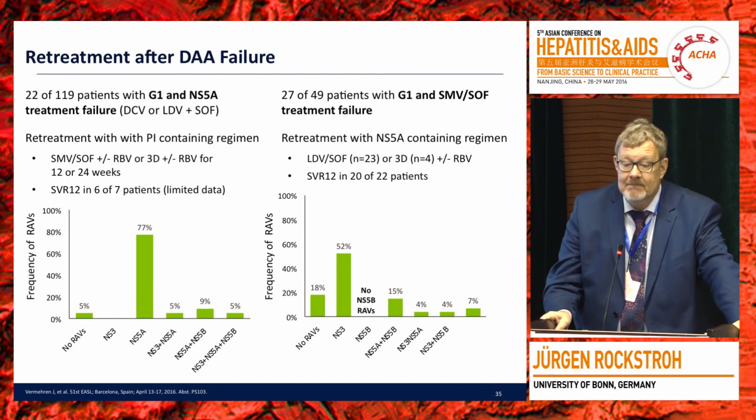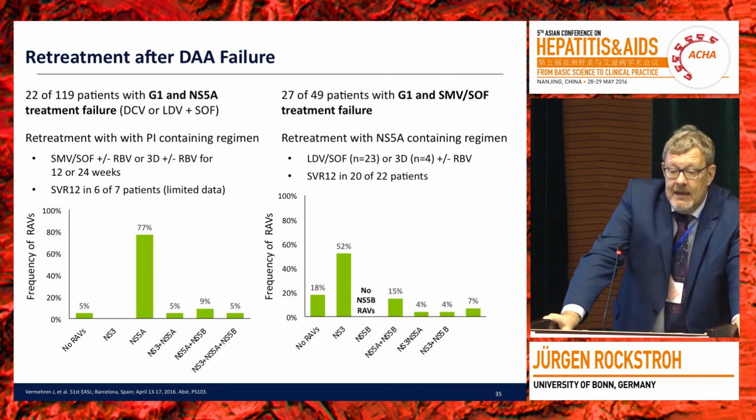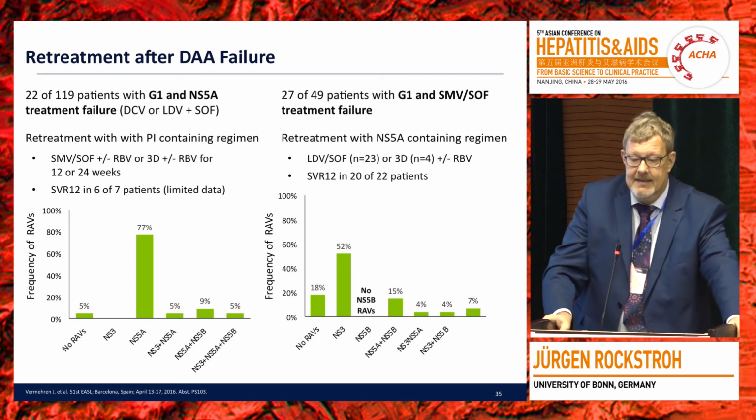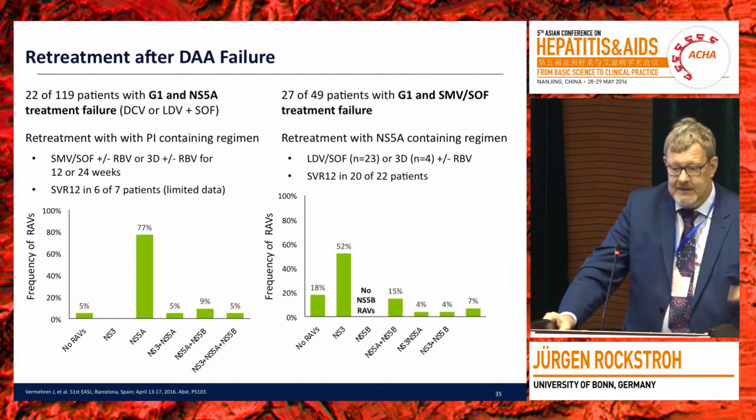So they looked at patients who had either sofosbuvir daclatasvir or sofosbuvir ledipasvir. You would expect those patients to end up with an NS5A mutation, and indeed that's the dominant mutation they find. 77% have NS5A mutations, as you would expect.